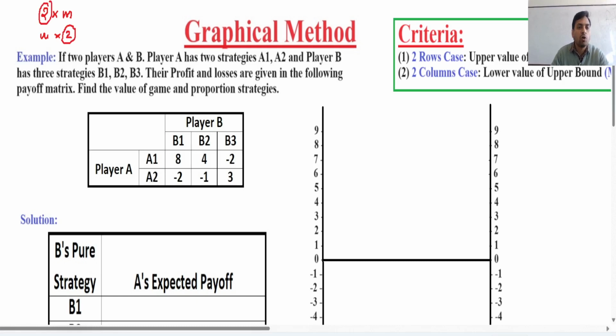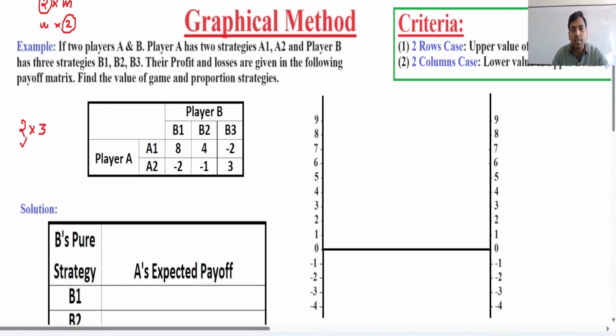The number of rows m or the number of columns doesn't matter. Just like in this case, you will see there are two rows and three columns. As there are two rows, we can apply the graphical method. If there are 3 rows and 2 columns, or 4 rows and 2 columns, then we can apply the graphical method.